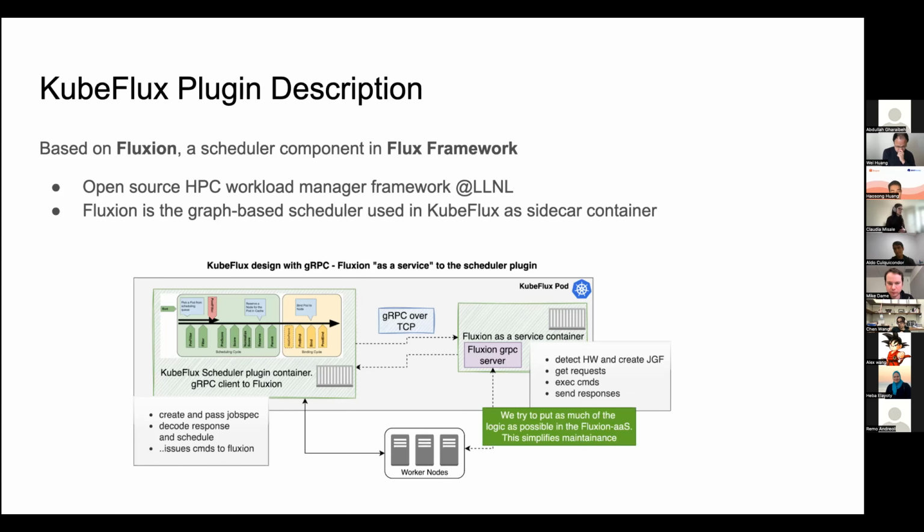If another one arrives and the previous one is not completed, the resources are still marked as being used. So the Fluxion component knows that those pods are still there and the resources are not free.